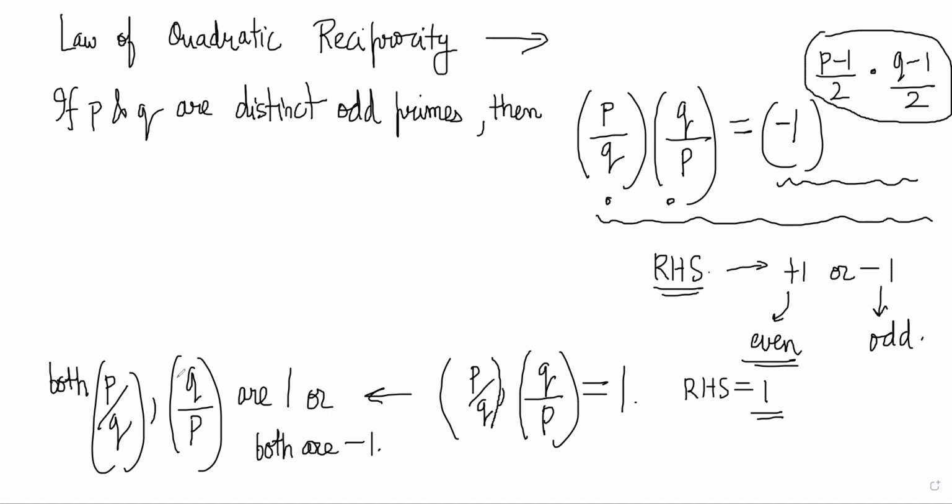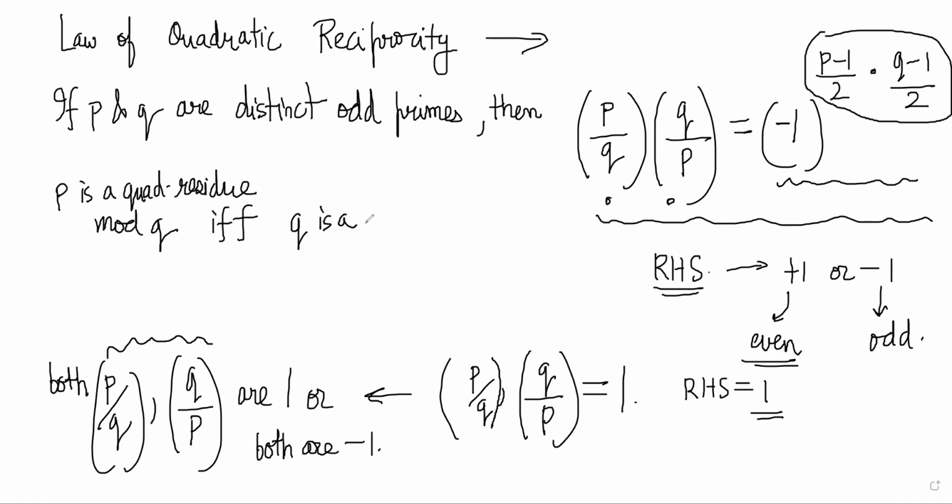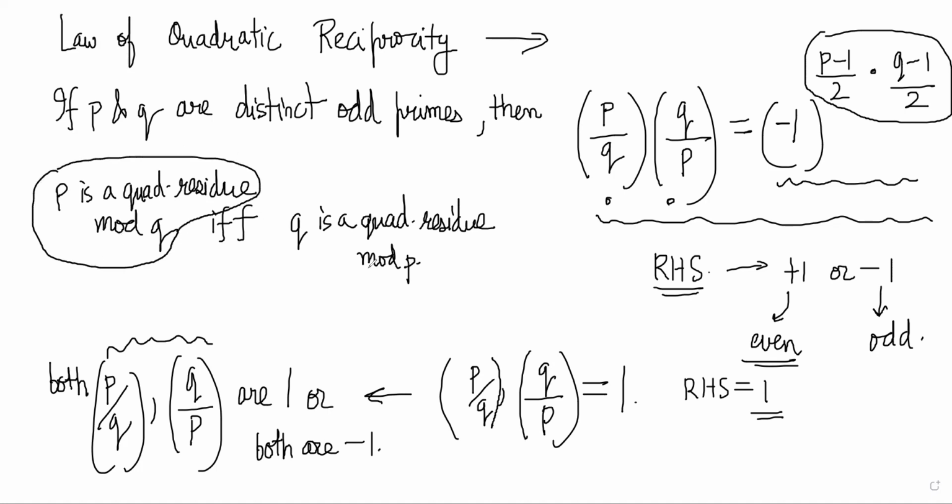So basically, if both are +1, that means P is a quadratic residue mod Q if and only if Q is a quadratic residue mod P. If both are +1, basically both are residues of each other, right? So the idea is both could be +1 or both could be -1. So both could also be non-residues, right?